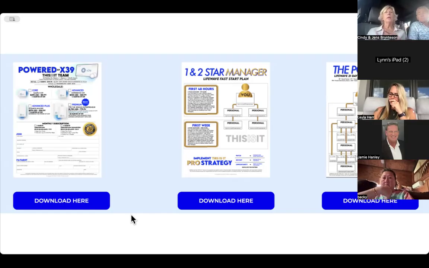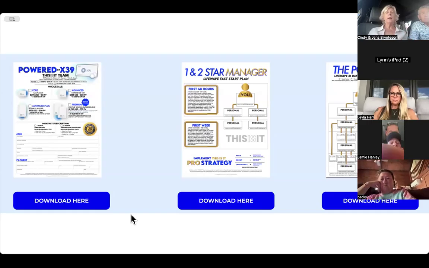As we come to whoever's area to do a meeting and help with opportunity meetings, we want to be able to get all of this in your hands. We were able to get the order in, we're just not positive we're going to be able to pick it up, but the new enrollment form is amazing. And the One and Two Star Manager, some of you have already seen this. This is going to be so beneficial. I'm going to let Jens hit on this for a minute.